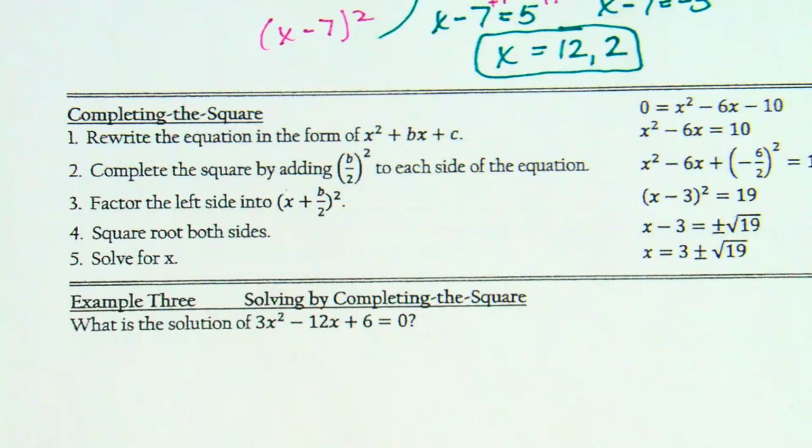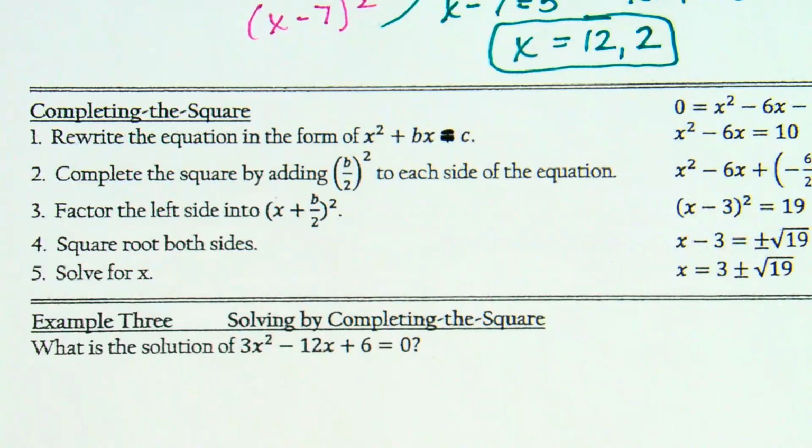Step 1: rewrite the equation in the form x squared plus bx equals c. Notice what is in front of x squared. Not 0, 1. Does it say ax squared? No, it just says x squared, so it's only allowed to be a 1x squared.